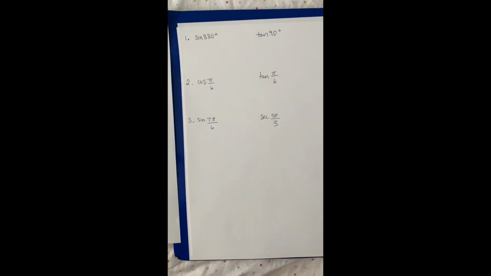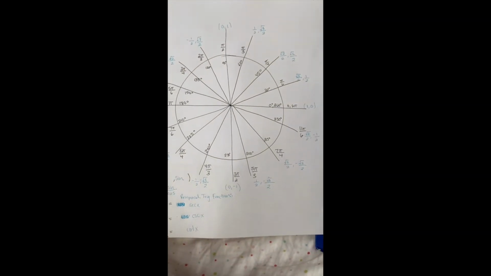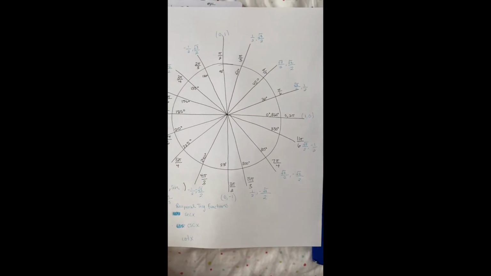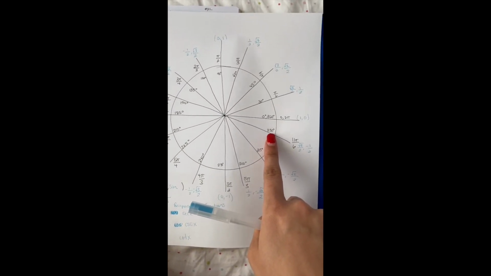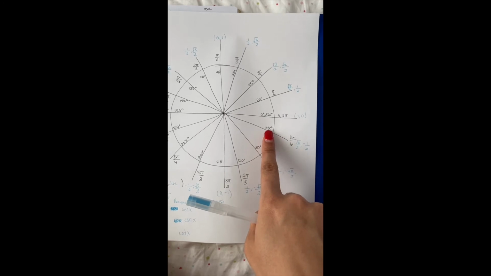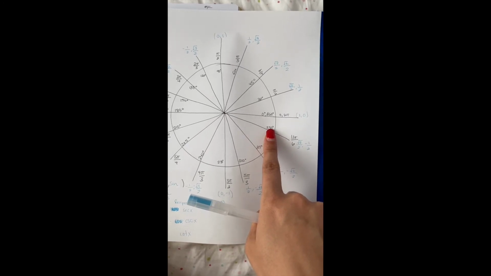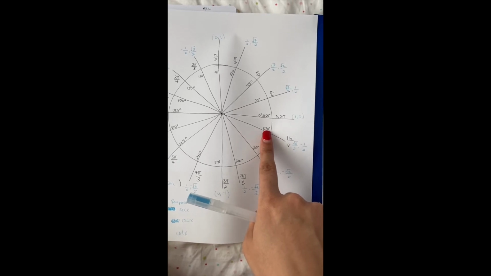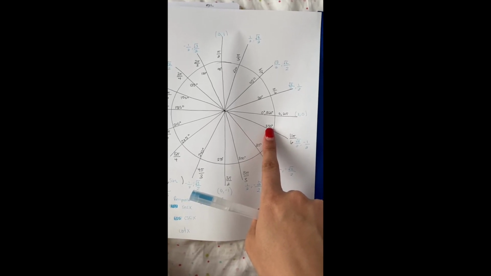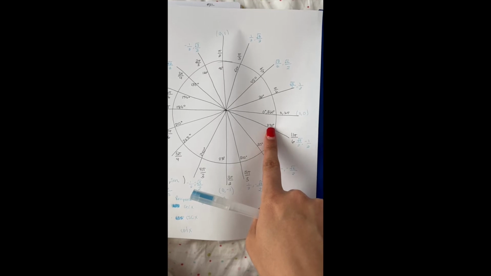So let's start with sine of 330 degrees. The first thing you want to do is look at the unit circle you created and identify exactly where 330 degrees is. Bam, did it, right? Then you want to find sine. So take a minute, think back: which value, your x or your y value, will sine of 330 degrees be?